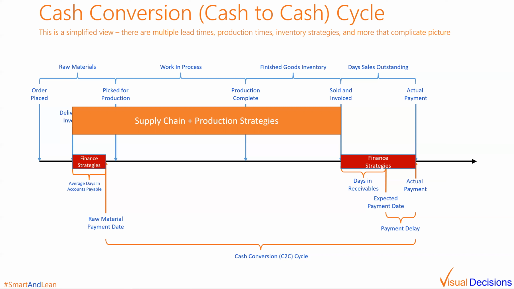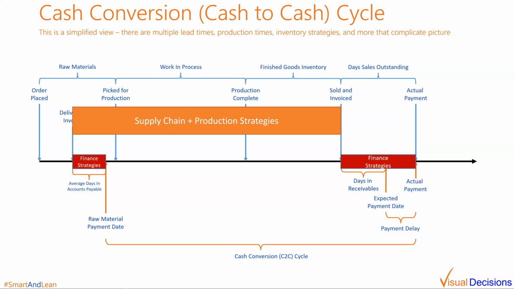Now, I said that this is a simplified view. When we look at all of our different products, we may have some very fast-moving products that don't spend much time in finished goods inventory. We may have a blend of build-to-order and make-to-stock products within our portfolio. And then looking back through the supply chain, things take different amounts of time in production.